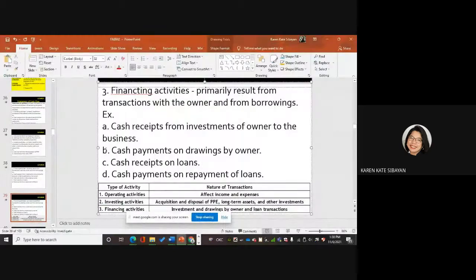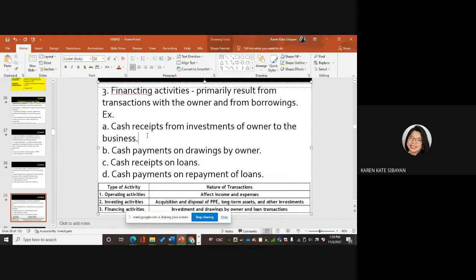Nakaligtaan ko yung letter B. Cash payments on drawings by owner. So, take note ha, lahat ng may word na payments, katulad niyan, is outflow yan. Lumabas ang pera sa'yo. Lahat ng cash receipts, positive yan. May pumasok na pera. Okay? So, dito sa letter B, ang ilalagay mo diyan is cash withdrawal by the owner.